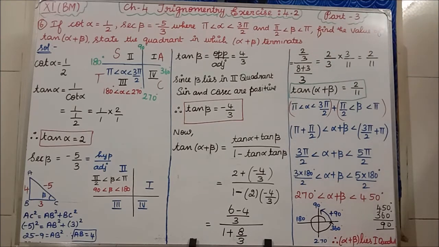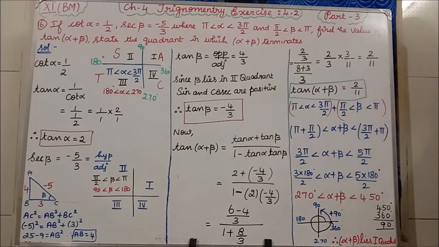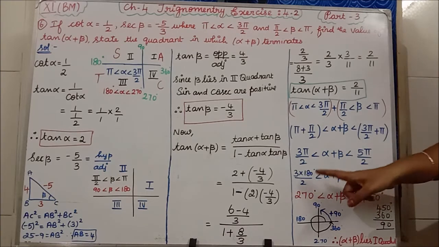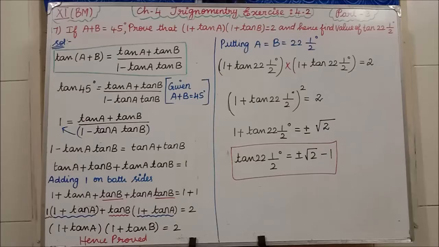Both the things we have found. Clear? Tan of alpha plus beta value is 2 by 11. Alpha plus beta lies in the first quadrant, because alpha plus beta is ranging from 270 degree to 450 degree, which means it comes in the first quadrant. Clear all of you? Next we'll see the seventh question.